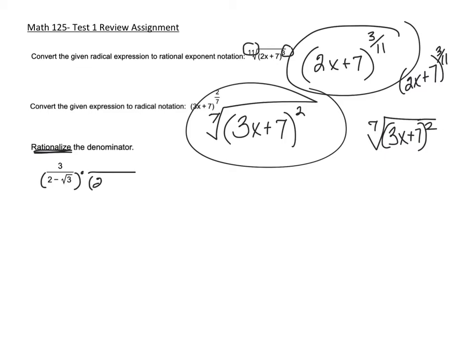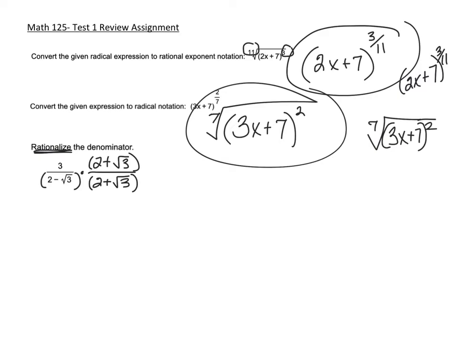We can use the conjugate, which is 2 plus the square root of 3. Remember, it's the exact same thing, just a different sign. If we multiply the denominator by that, we have to multiply the top by the same thing. So basically we have multiplied our original fraction just by the number 1, so we haven't changed the ratio.